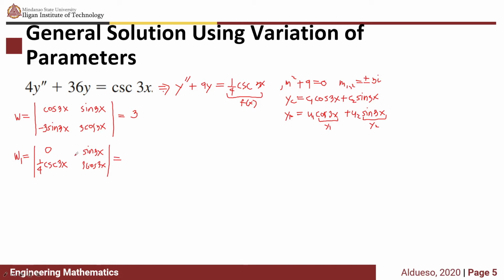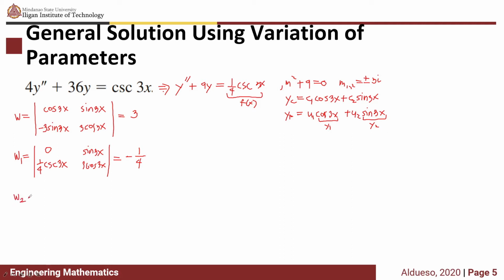We have 0 minus sine of 3x times 1/4 times cosecant of 3x. So cosecant is just the reciprocal of sine, we have negative 1/4.